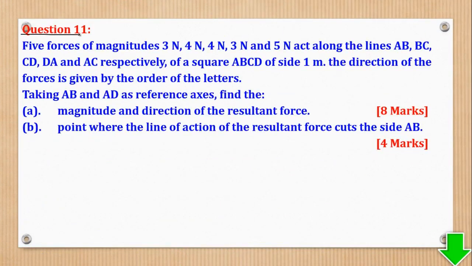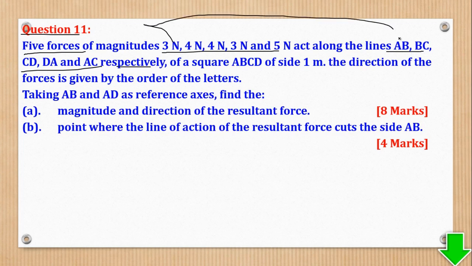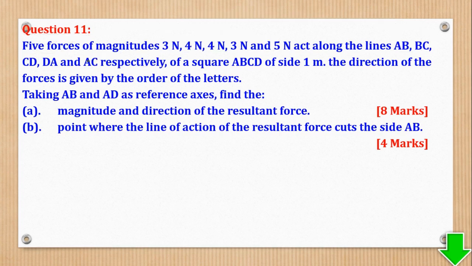So now we shall go to question 11. Question 11 says 5 forces of magnitude these ones act along the lines these ones respectively, meaning that 3 is for AB, 4 is for BC, 4 is for CD, 3 is for DA, and 5 is for AC. Of the square, so we are dealing with the square ABCD of side 1 meter.